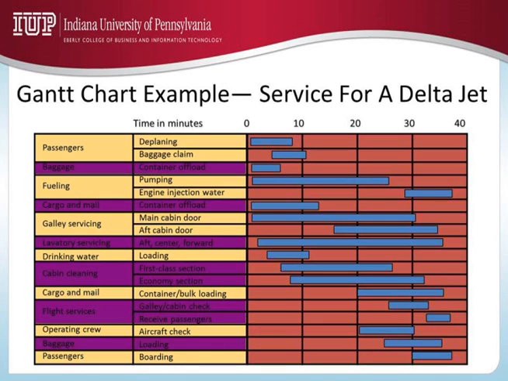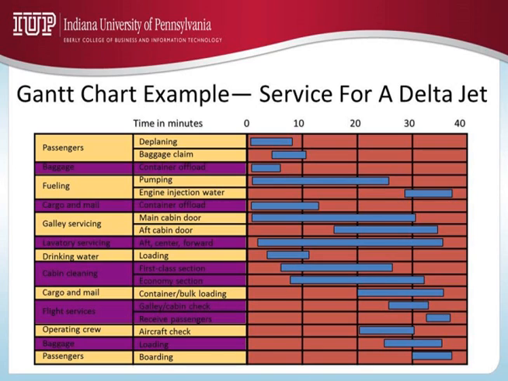As you can see in this Gantt chart, the horizontal axis is time, in this case in minutes. Right away you can see that it takes approximately 38 minutes from the time it lands to the time it is ready for boarding.